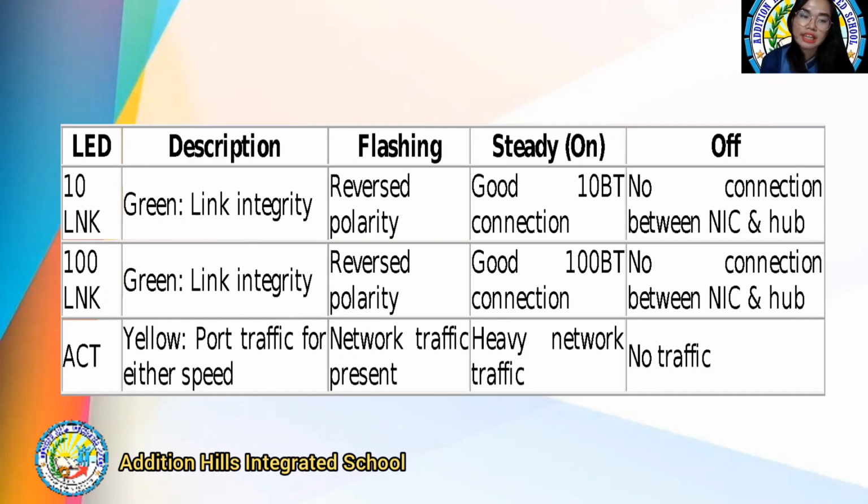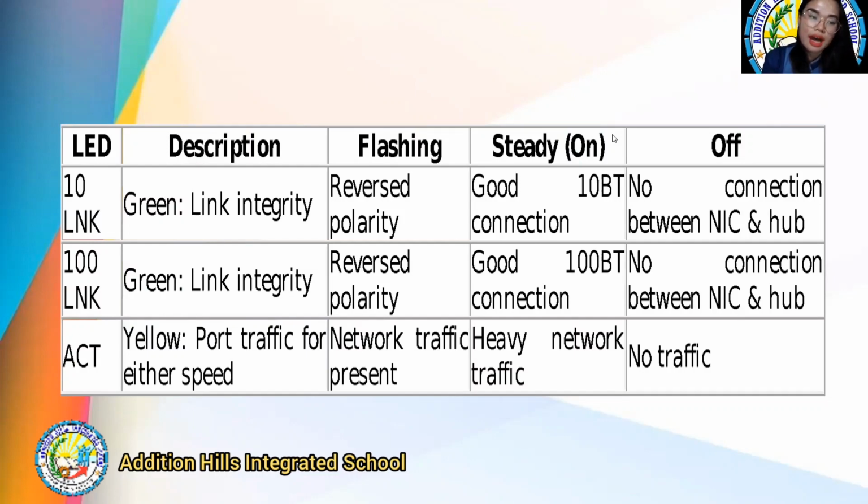For the 100 LNK green LED, the description is also green, link integrity. Flashing means reverse polarity, steady on means a good 100BT connection, and off means no connection between the NIC and hub.